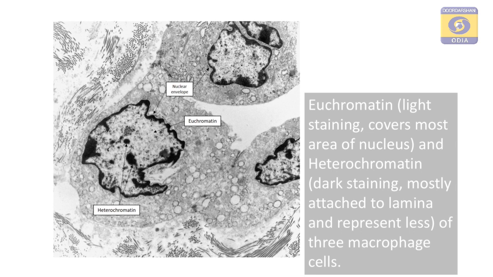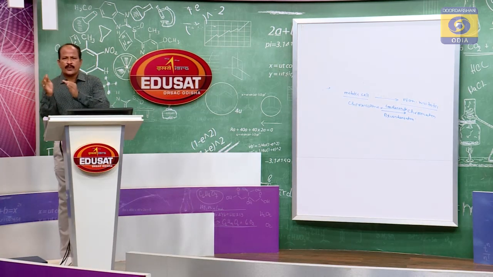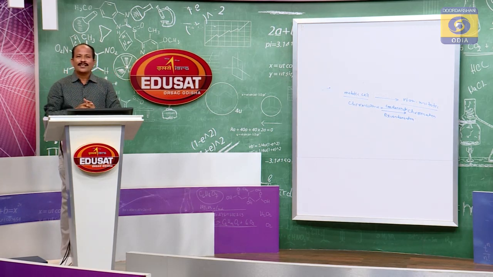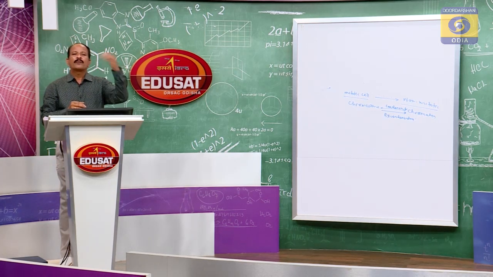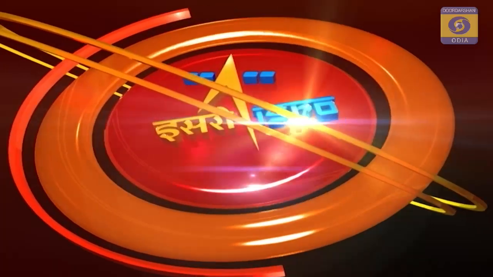Heterochromatin is usually not accessible to the cell's enzymatic system for expression, so it is usually non-expressing, but euchromatin is accessed by enzymes of the cellular system for transcription and replication as well as different activities.